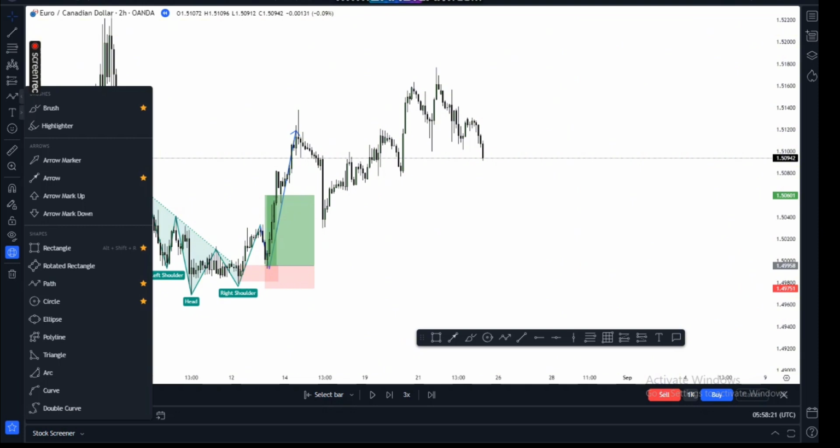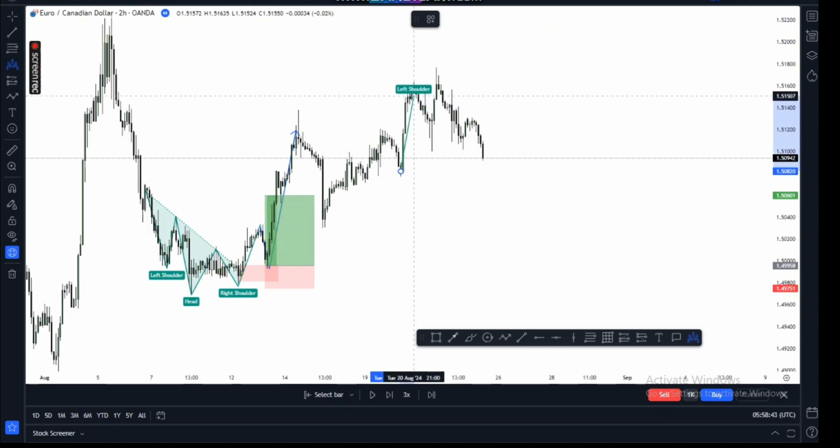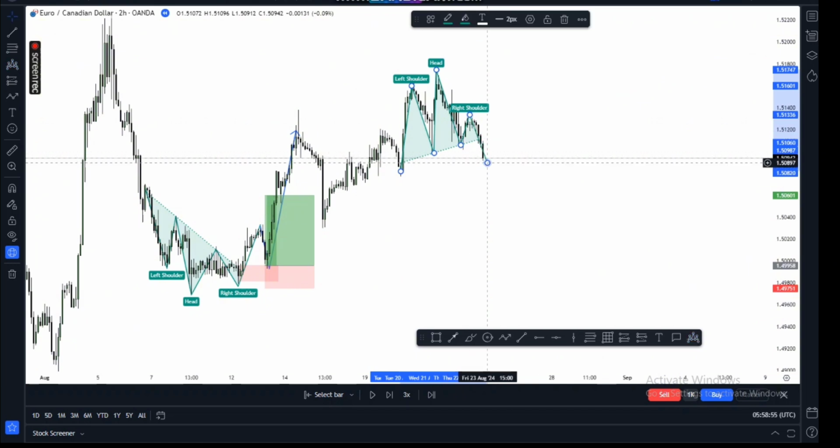our head and shoulder tool. Let me add it to my favorite list. So the first thing you're going to notice is that the head and shoulder pattern usually gives you kind of like three points. This is 1, 2, yeah guys, you can see it's taking shape, right? 3, here goes the breakout.